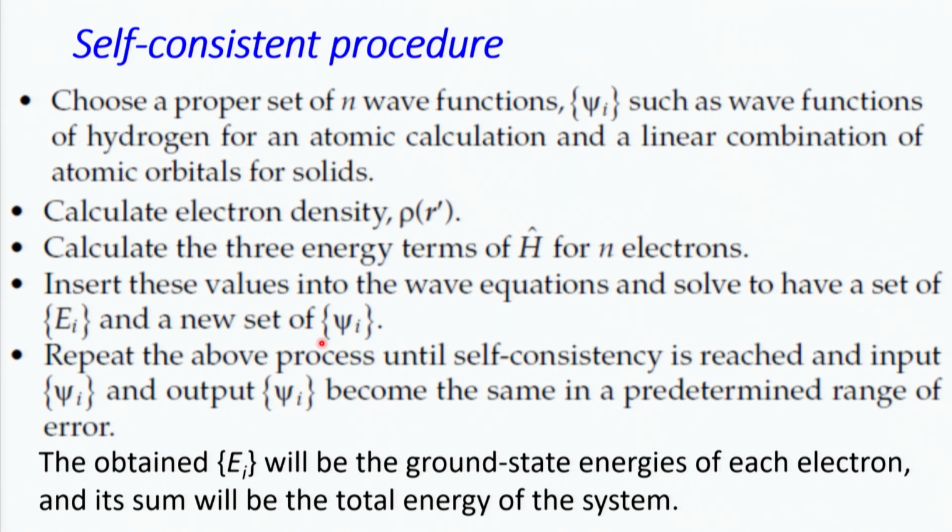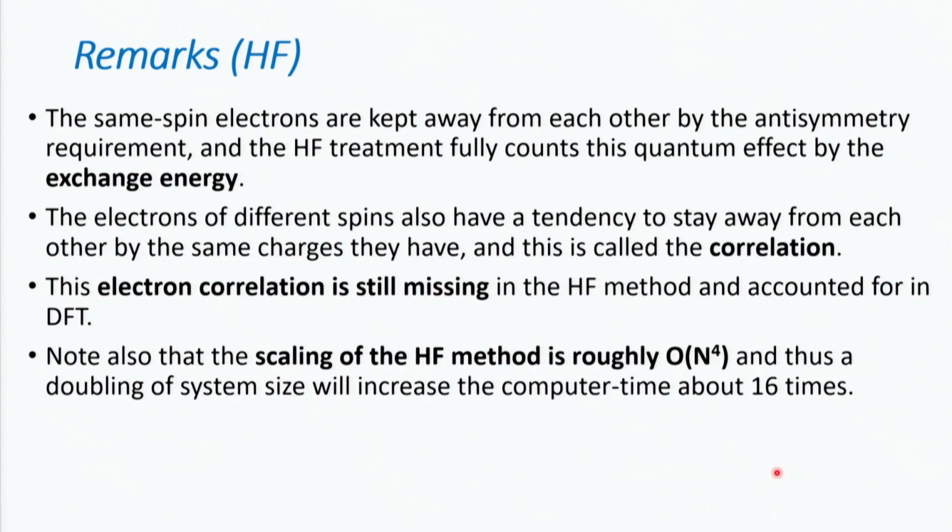Repeat the above process until self-consistency is reached. Self-consistency means that at the end you come to a wave function where, between two consecutive iterations, there is no change in the energy, or the difference in energy is less than some predetermined range of error. So that we obtain the Ei. Ei means the energy of each electron, the ground state energy of each electron, and its sum will be the total energy of the electronic system. So that is essentially the Hartree-Fock method in a very brief sense.